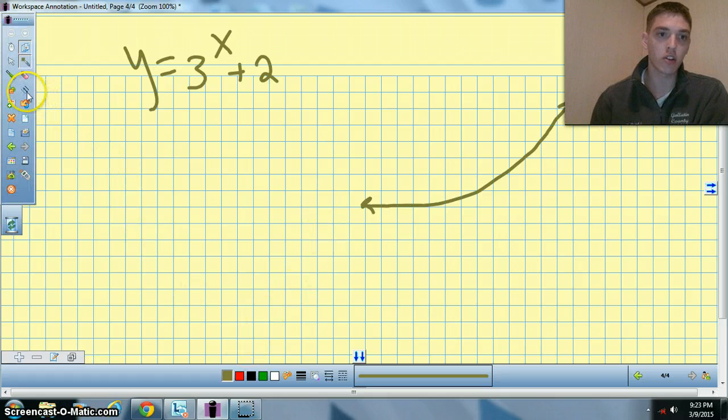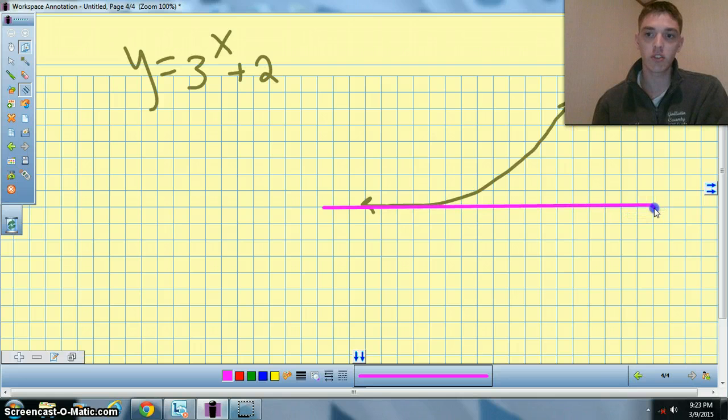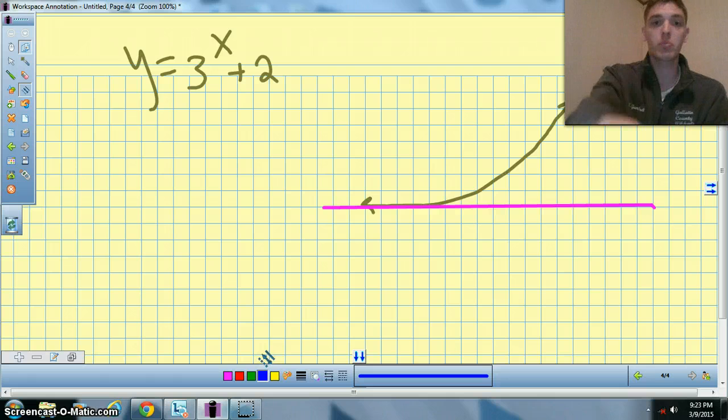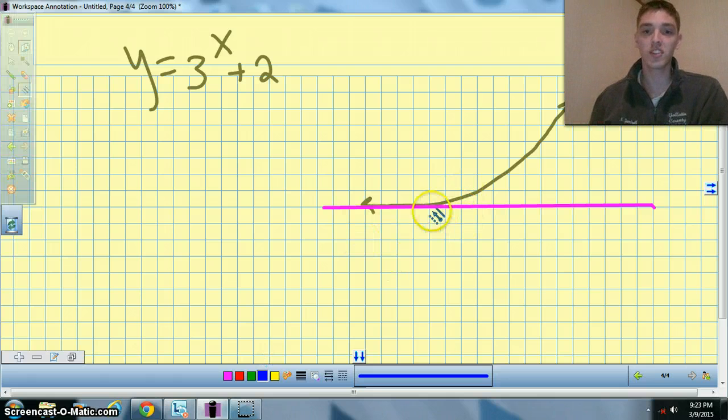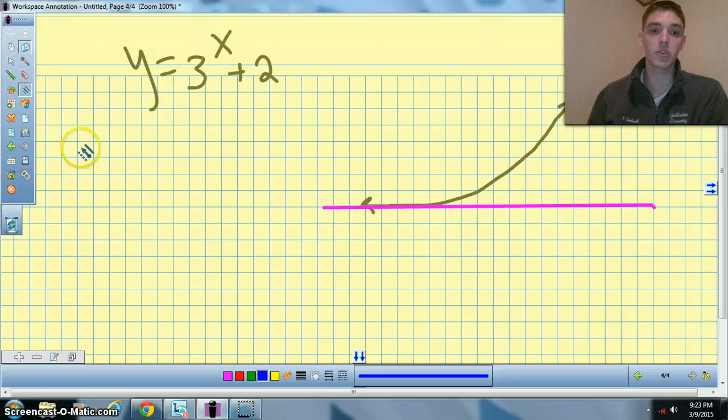and it was sitting on our x-axis here, the plus 2 scoots everything up by 2.